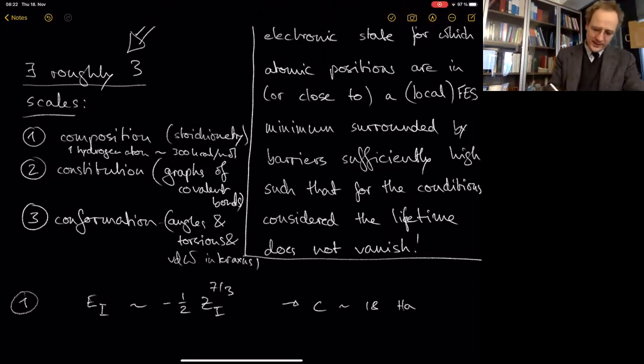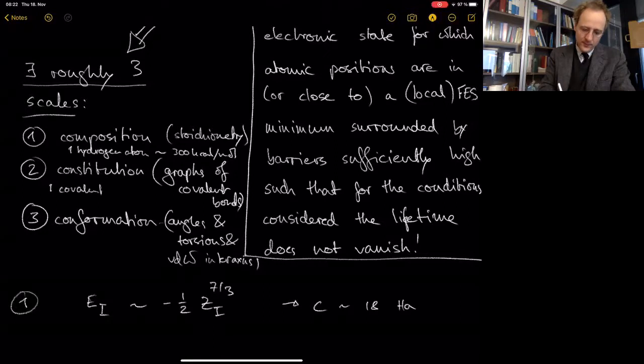Now, what is constitution worth? It's about breaking covalent bonds. A covalent bond is on the order of 100 kcal per mole.